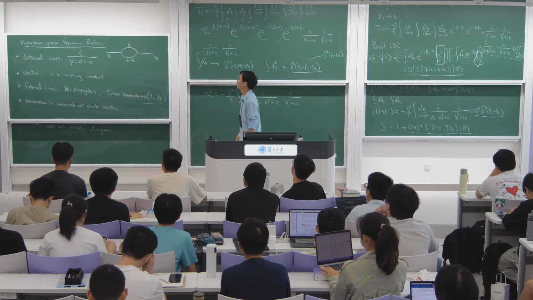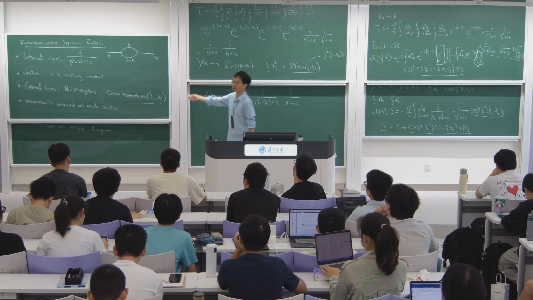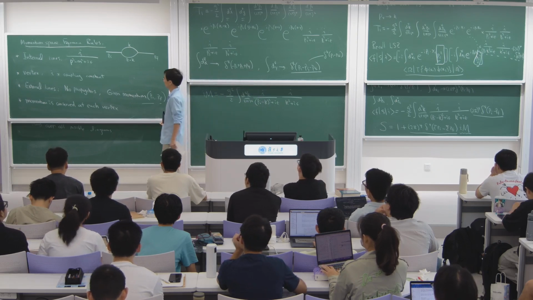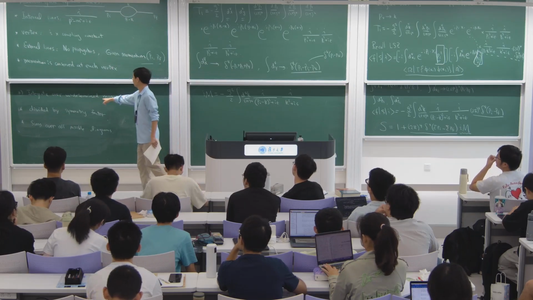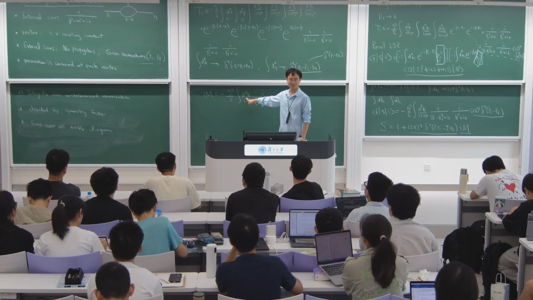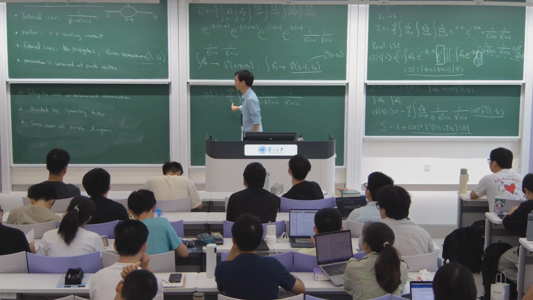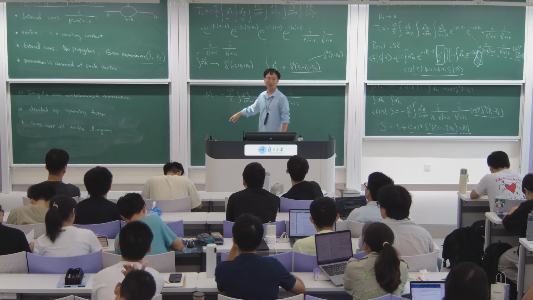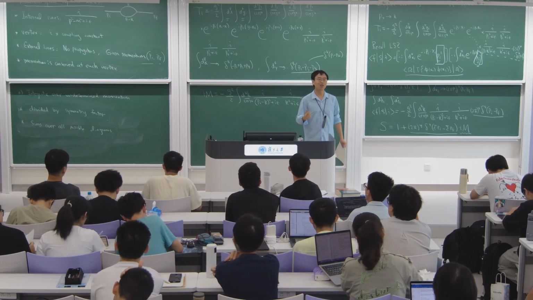Momentum is conserved at each vertex; we already used it. Now integrate over the undetermined momentum. We did it. Now divide by the symmetry factor. The last step we haven't carried out yet, because now we only consider a particular graph.